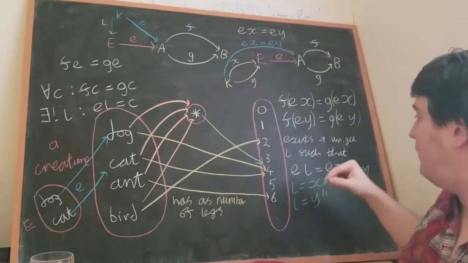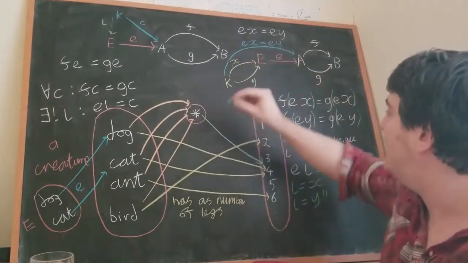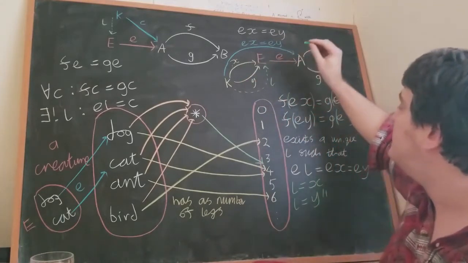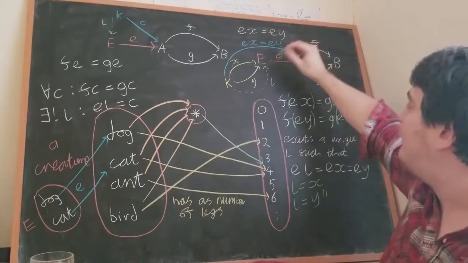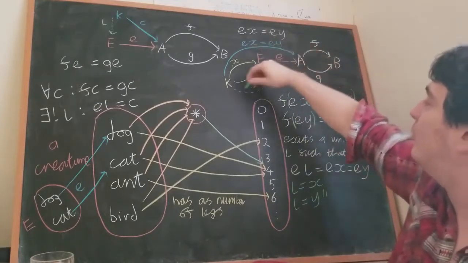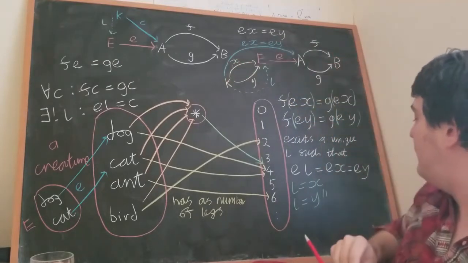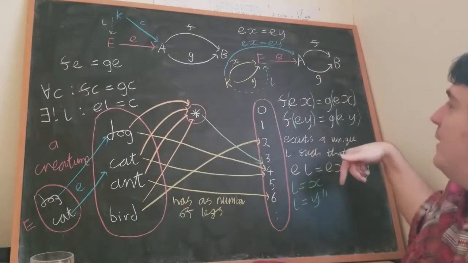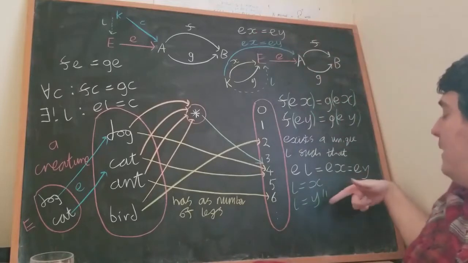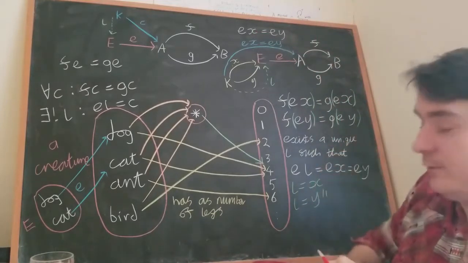Because on this diagram, there's supposed to be a unique arrow l which is such that e after l gives this candidate. But using l equals x or l equals y makes it work. So we must have that l equals x equals y. So we started with the assumption that e after x equals e after y. Now we have that x equals y. So we're done.